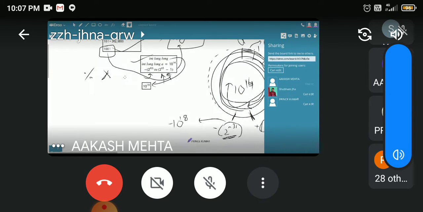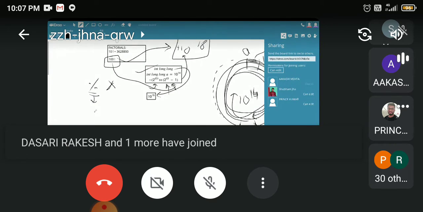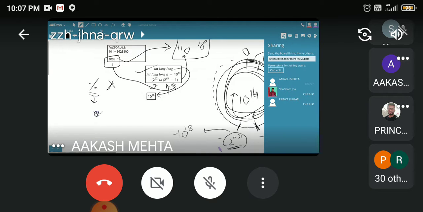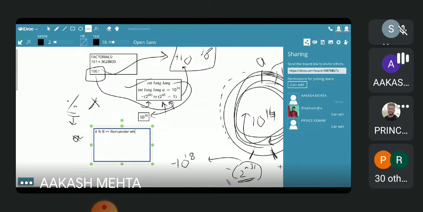First of all, I think you all know that this modulo operator gives the remainder. a modulo b is nothing but the remainder when a is divided by b.